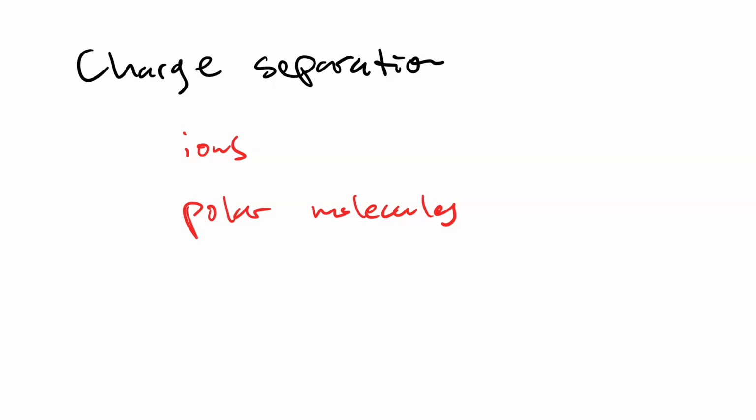Substances that contain charge separation are soluble in water because of the ion-dipole effect. So substances that have charge separation are considered hydrophilic or water-loving. There are also substances that are nonpolar.